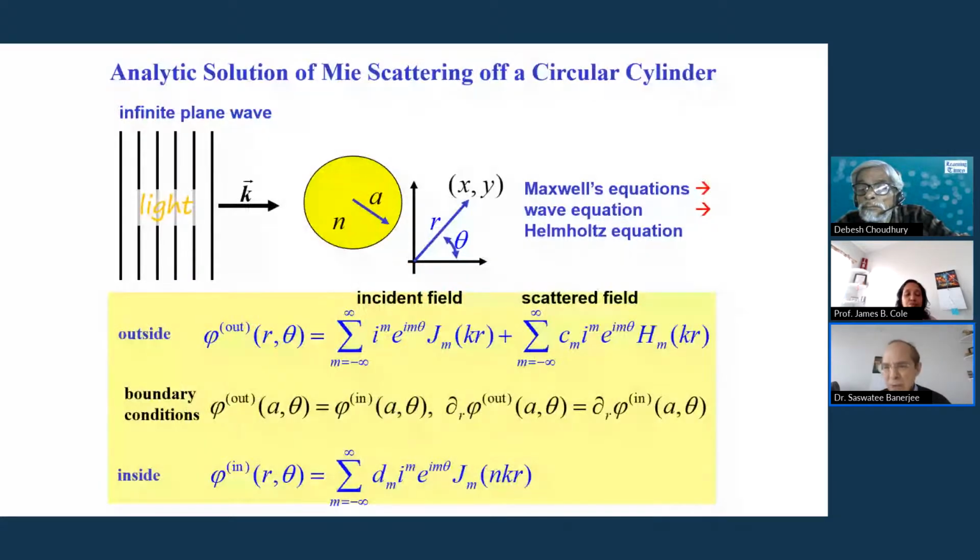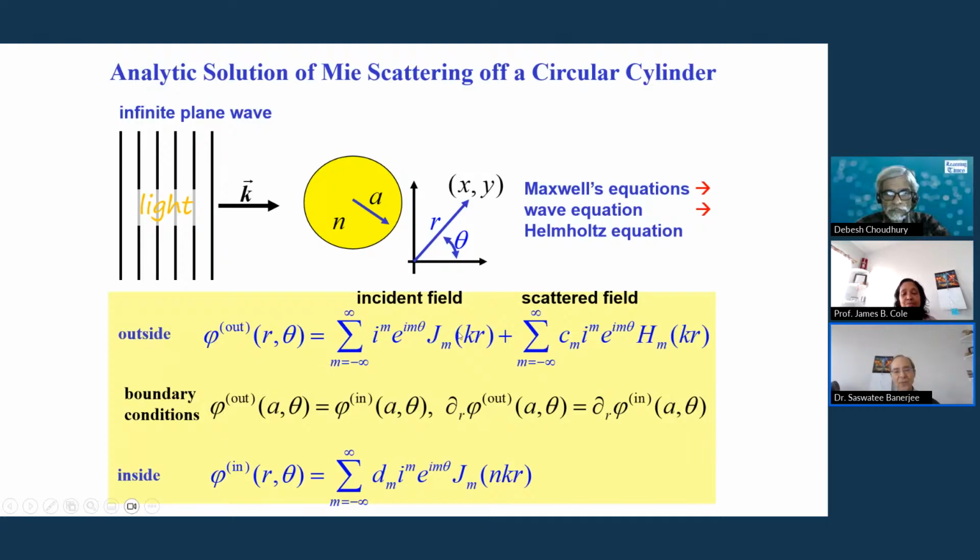Now, I'd like to show you why we need FDTD, or why we need any numerical solution. Here is an analytic solution of Mie scattering off of a cylinder. An infinite plane wave comes into the cylinder and produces a scattered wave field. The scattered wave field is given in terms of Bessel functions and Hankel functions, as an infinite sum, so it's quite a difficult thing to calculate.